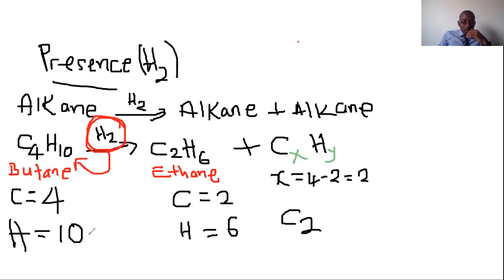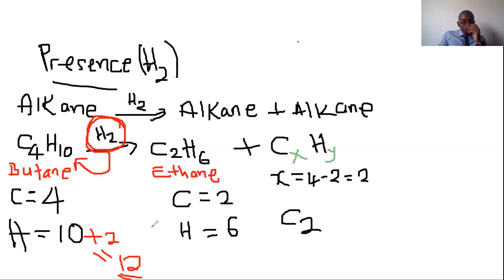So instead of saying we have 10 hydrogens, it's as good as having plus 2. On the reactant side, that is the same as having 12 hydrogens.